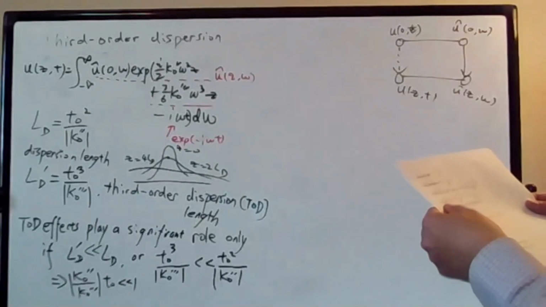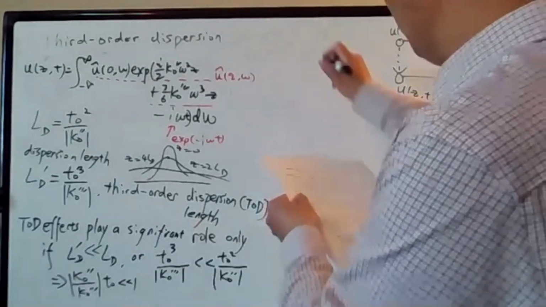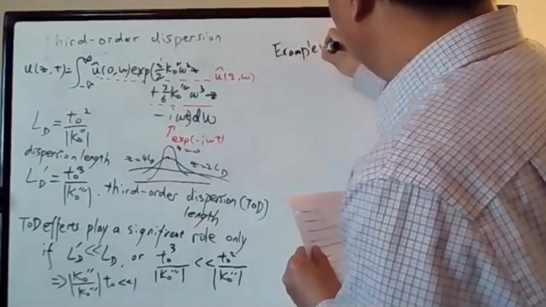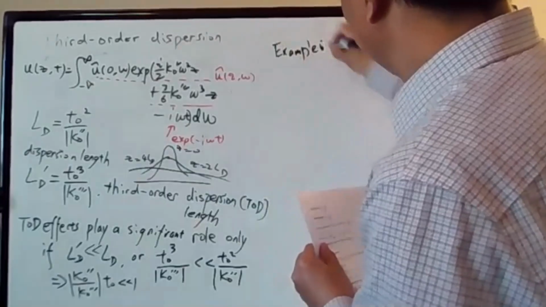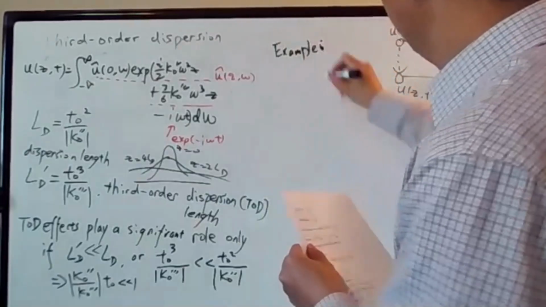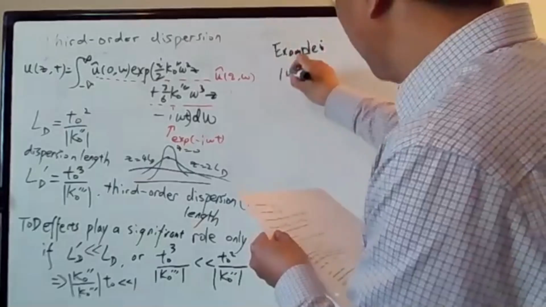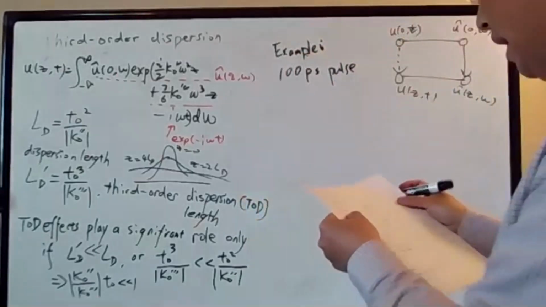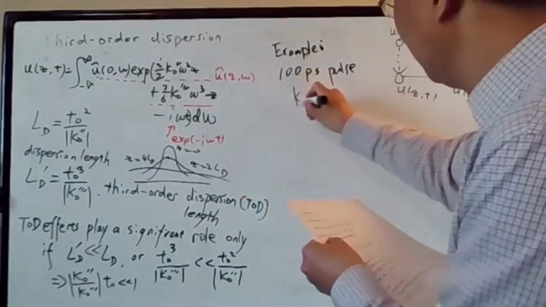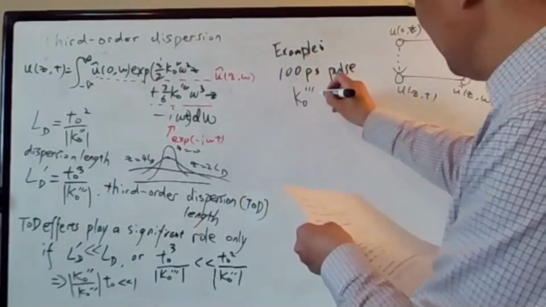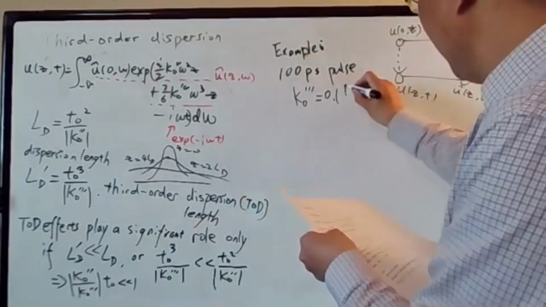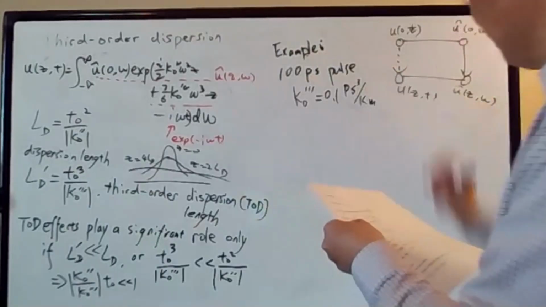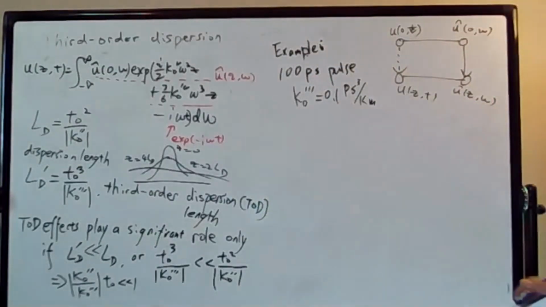Okay, so let's give an example. We have a 100 picosecond pulse, and my K naught triple prime is 0.1 picosecond cubed per kilometer.